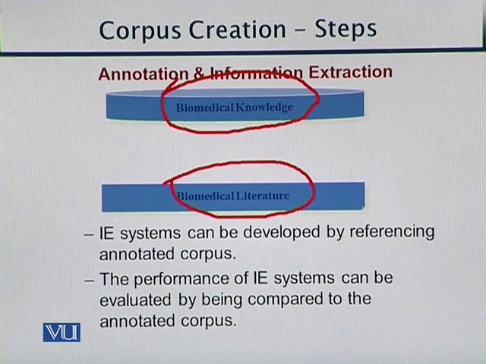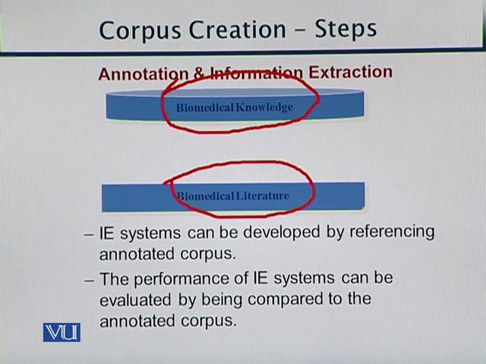Information extraction systems can be developed by referencing annotated corpora. As I have already said, those annotated corpora help us generate information extraction systems, and then these information extraction systems can be evaluated, so we can check how good those systems are based on this annotation. Now what is the relationship between biomedical knowledge and biomedical literature?